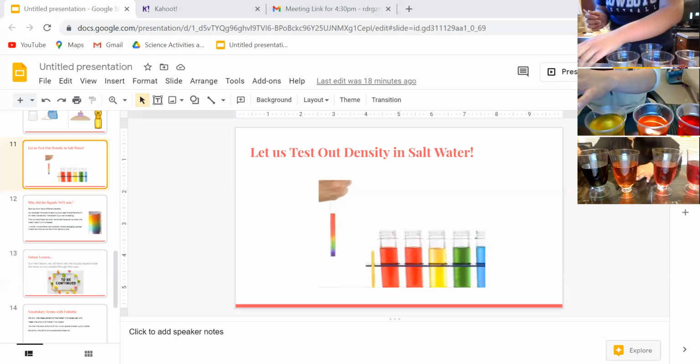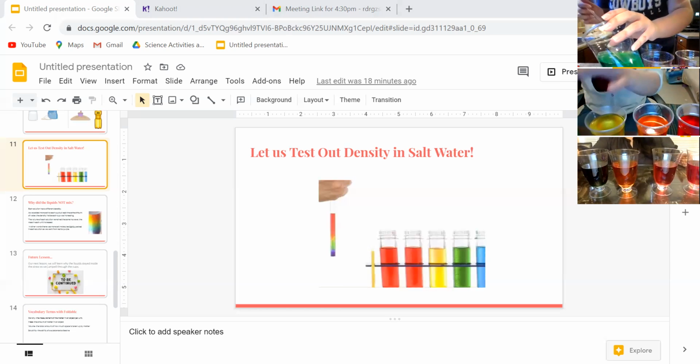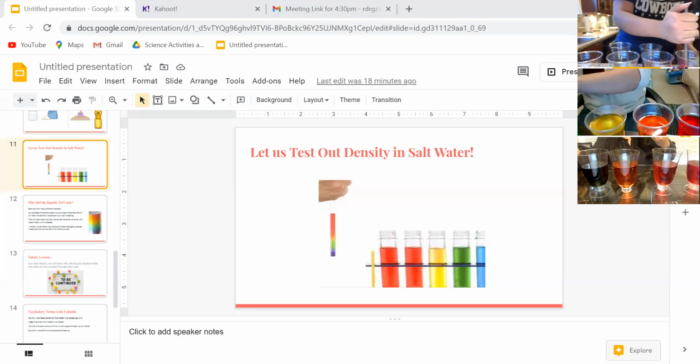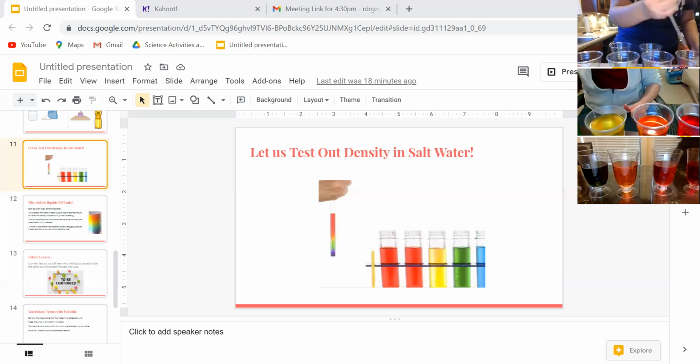If it helps, you may want to grab your cup and tilt it so your straw can go in a little deeper, because that might be the problem, since the cups are kind of short. Gotcha. Okay, let me try it again.